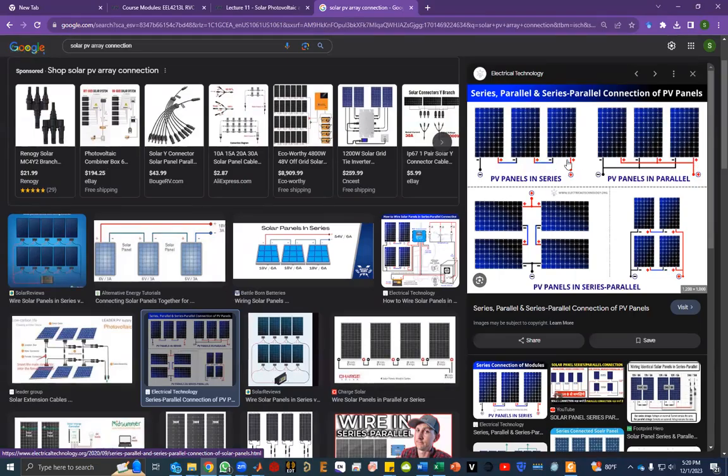In series connection, we are increasing the voltage between this point and this point. It will be 3 times the voltage of an individual module. And in case of a parallel connection, the voltage will be the same, but the amount of current we are going to get is larger. So with our design requirement, the solar modules could be series connected or parallel connected. So this is one array, you can say.